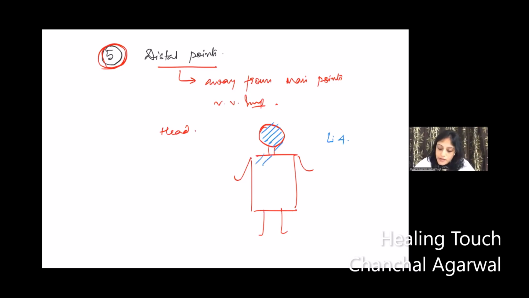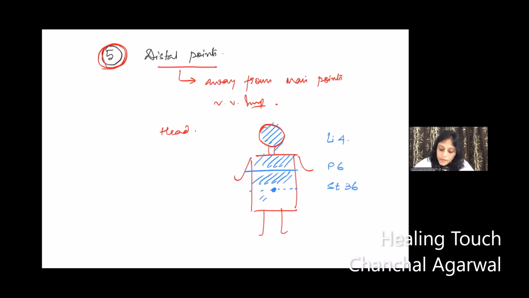For the chest region, you have another distal point, which is P6. This is the navel. Above the navel, you have another distal point, which is ST36.